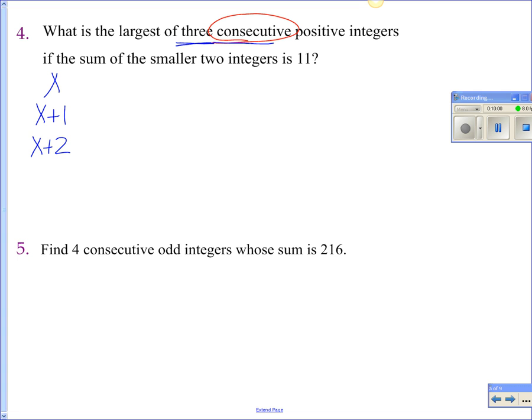So if we look at this list, out of this list, what do you think are the smaller two? x and x plus 1 are the smaller two. So you can mark this one out. You actually don't need it. And we're going to sum, so we're going to add these. Andrew, what do you get when you add these?